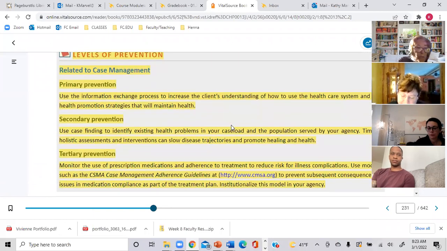Then levels of prevention regarding case management. Let's go through them. Primary: use the information exchange process, meaning talking with each other, to increase the client's understanding of how to use a healthcare system and the health promotion strategies that will maintain health. Do we understand why that's primary?